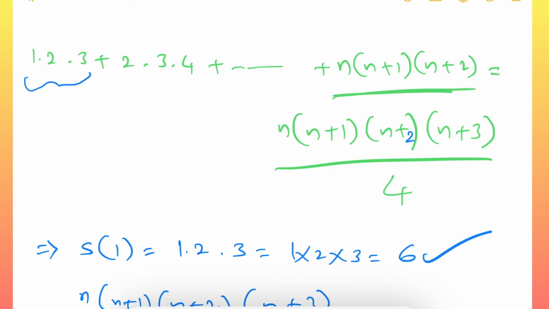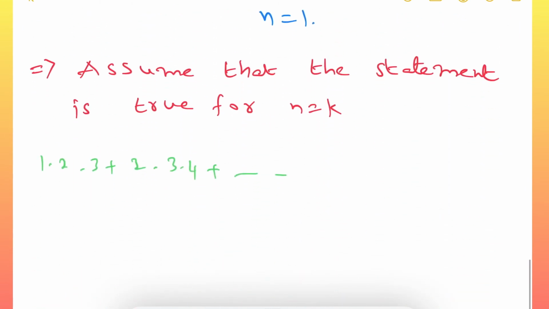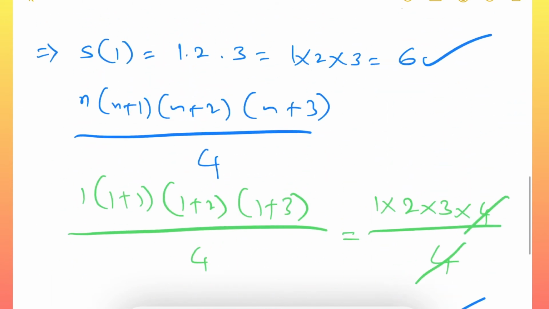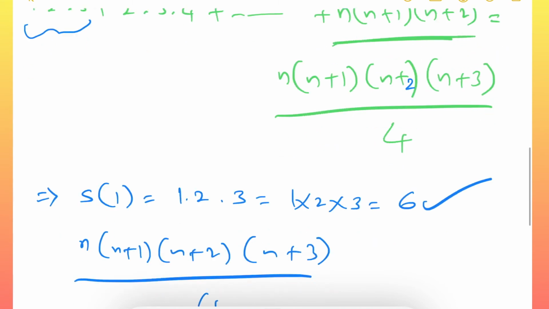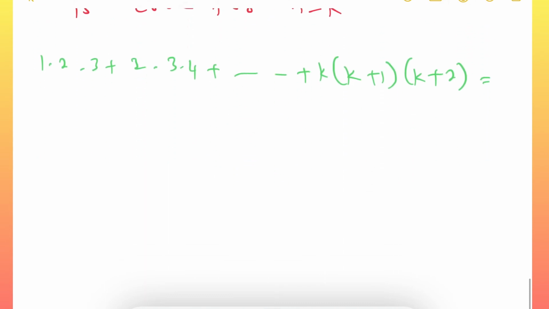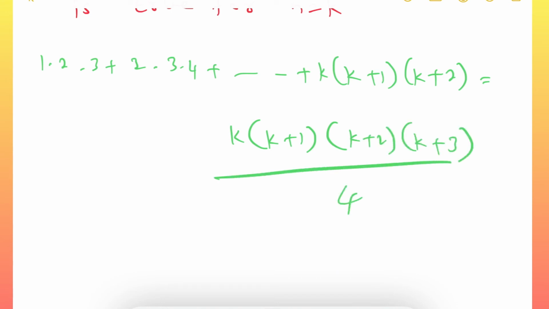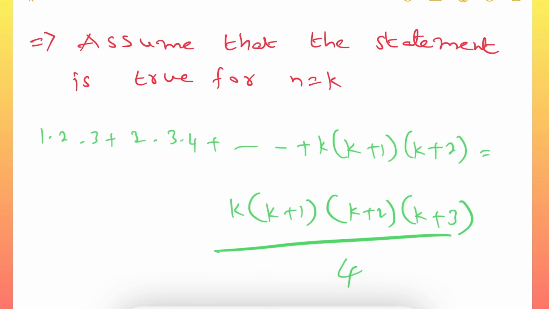So in the place of n substituting k, we get k into k plus 1 into k plus 2 equals, then on the right side we have n into n plus 1 into n plus 2 into n plus 3 whole divided by 4. If we substitute k in the place of n, we get k into k plus 1 into k plus 2 into k plus 3 whole divided by 4. This is the second step.